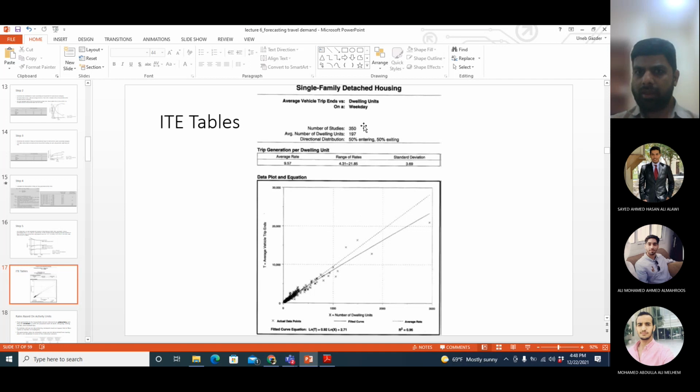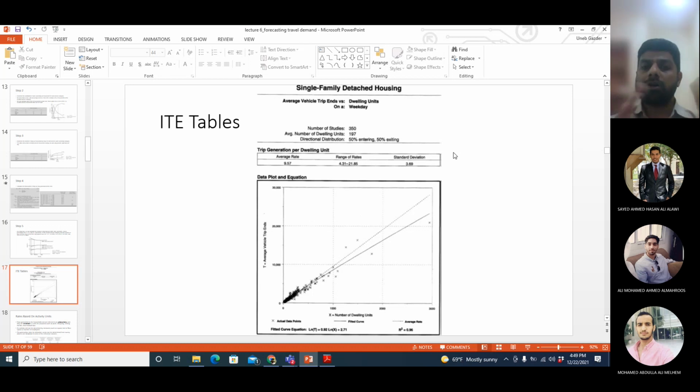In these 350 zones, they collected data on Wednesday, and the average number of households was 127 or 197. In some it was more, in some it was less.